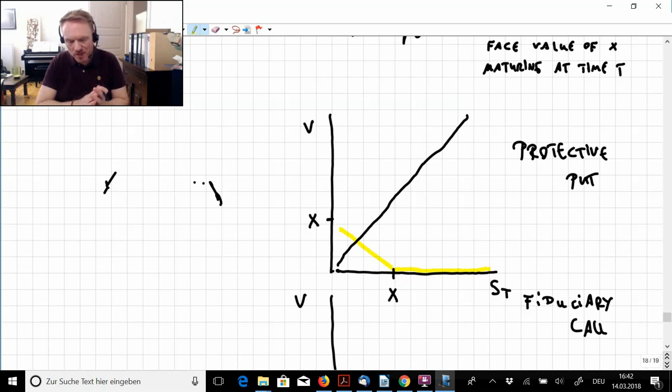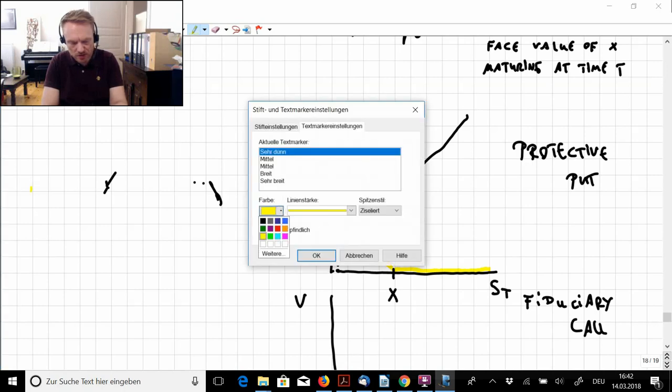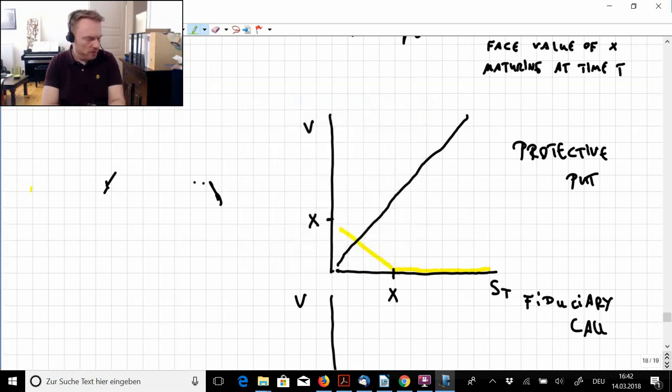So if we just add those two things, let me try to put it in a green color. What's the sum of those two values? It is this. It goes here and then right there.